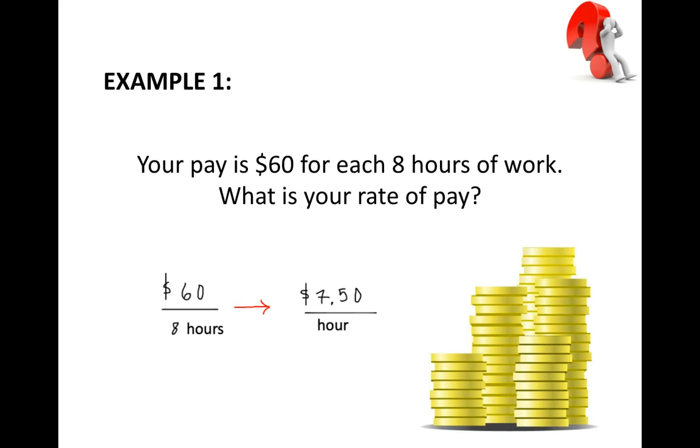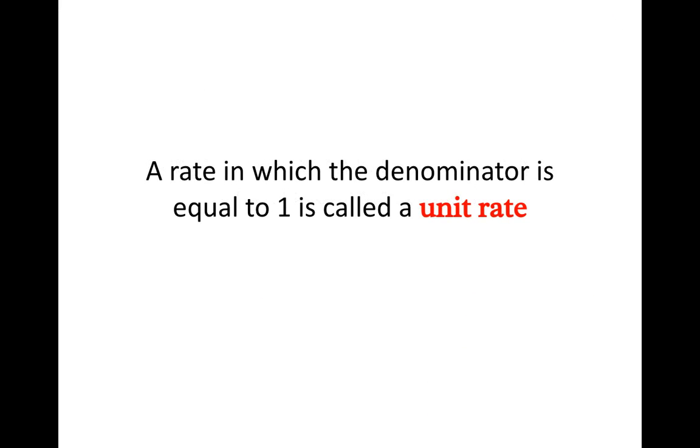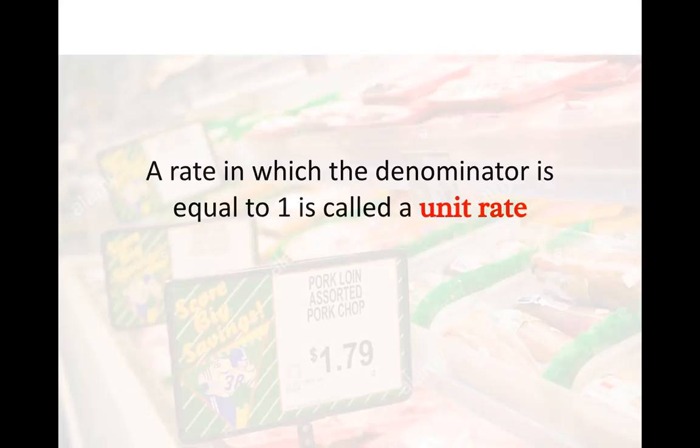And you have done exactly what you need to do with a rate. You have turned it into what we call a unit rate because you made the denominator a 1. You took the number that was there, that 8, and you divided it into the 60. And so you have something called a unit rate where the denominator is 1.